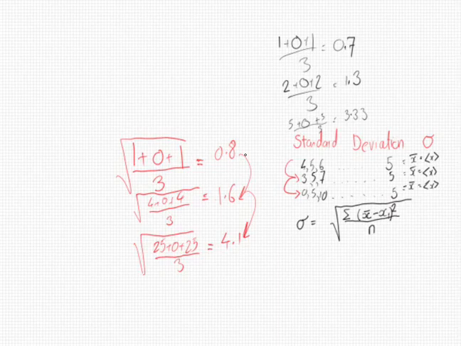So basically, we can say roughly that the data is on average 0.8 away from the average. In the second case, the data is roughly 1.6 away from the average. And in the last one, the data is roughly on average 4.1 away from the average. So as the numbers get spread out more, those standard deviations get bigger.